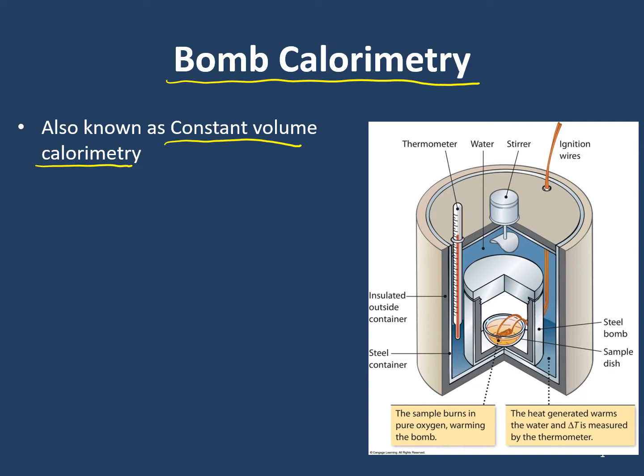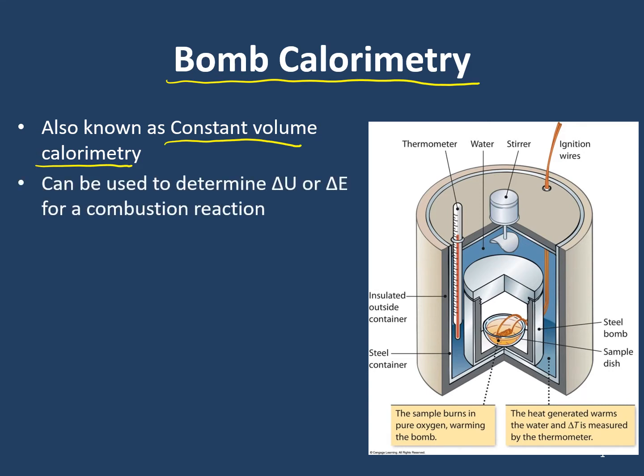Now, generally, bomb calorimetry is used for combustion reactions, usually to determine our internal energy, our delta U, right? Delta U or delta E, they're the same thing. So we're really just trying to determine internal energy.